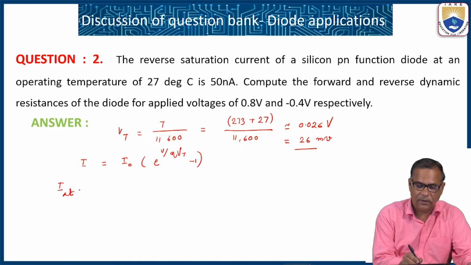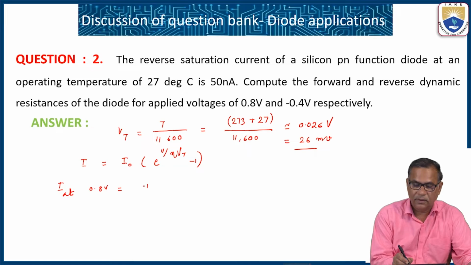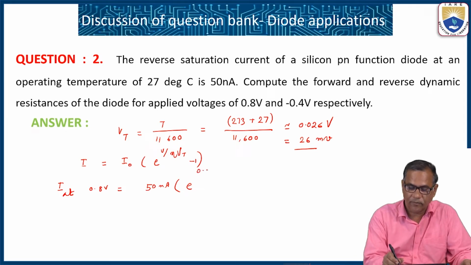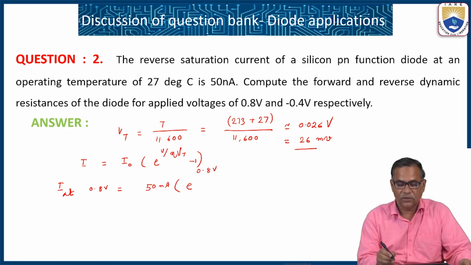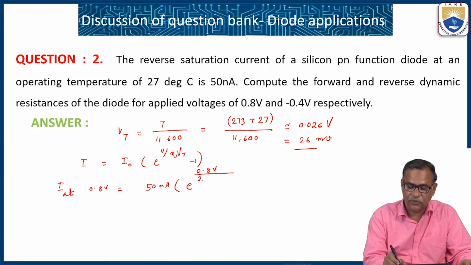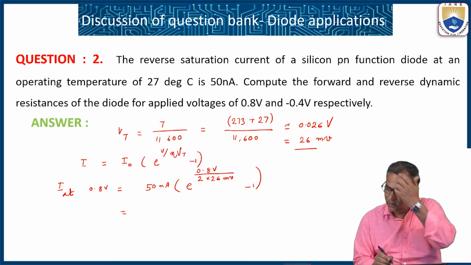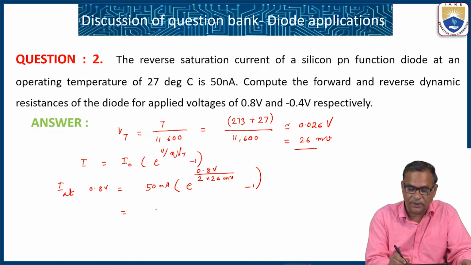So I at 0.8 volts is given by I naught, which is given as 50 nanoamperes, and e power V, V is 0.8 volts, and this is silicon, so we have to take the value of eta as 2, and Vt is 26 millivolts, minus 1. So this is equal to 239 nanoamperes.